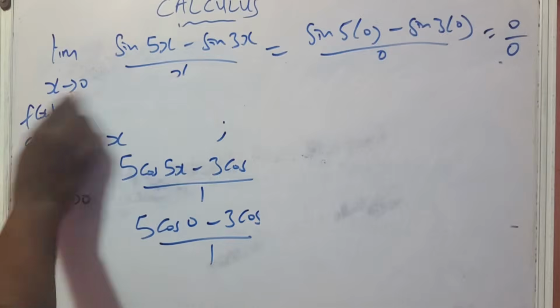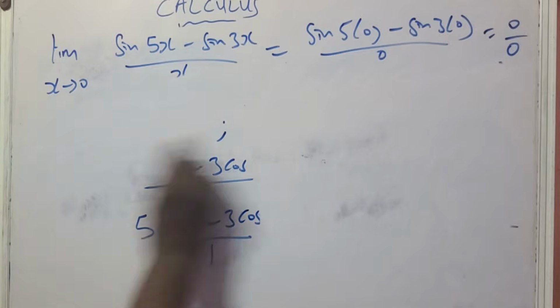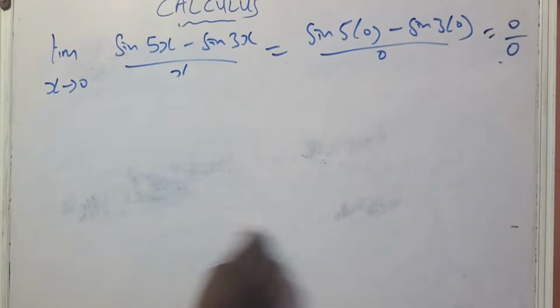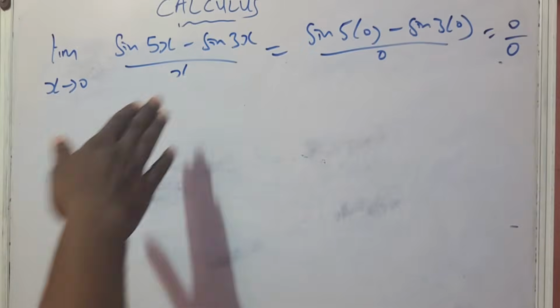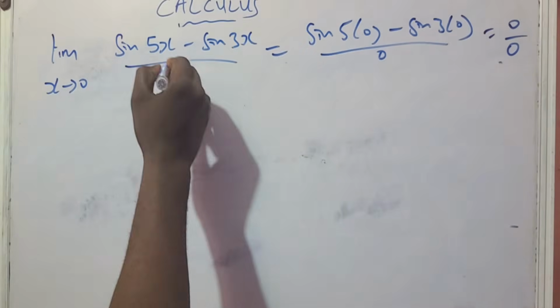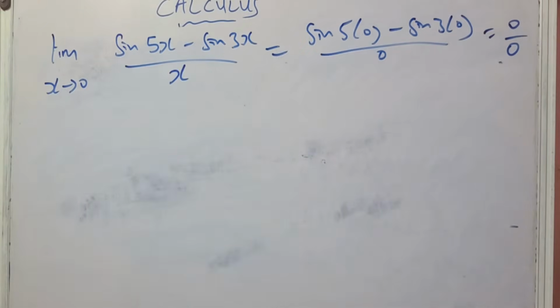So you have to be ready for any sort of thing, and that's why I want to use the simplification means. Even one thing I'm going to do is simplify this in such a way that it gets more complex, and then I will still use L'Hopital. Let me first decide to simplify the normal way, not using L'Hopital, and let's see how we get the final answer.